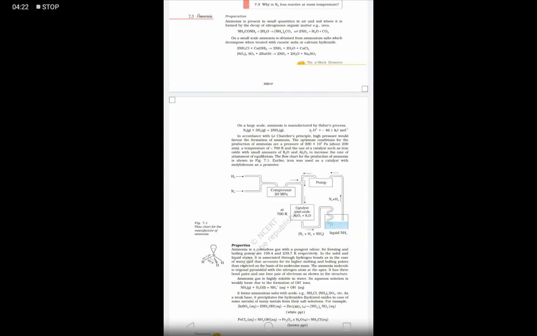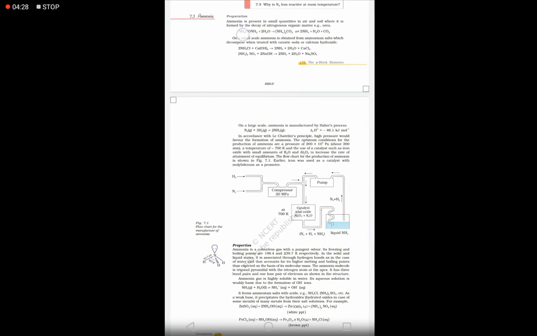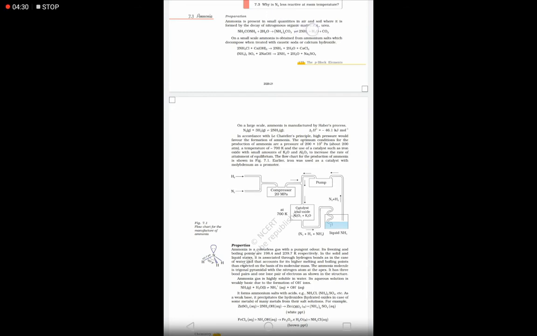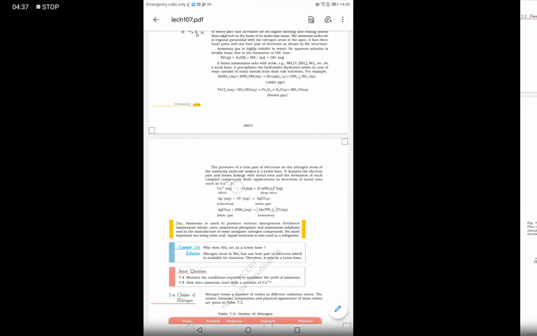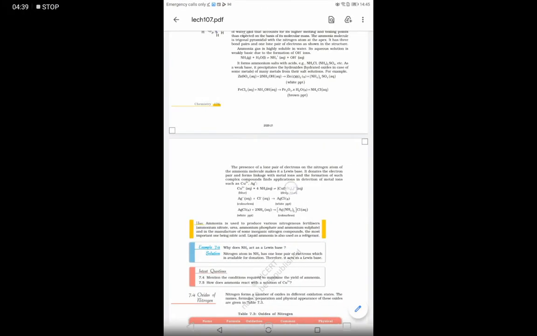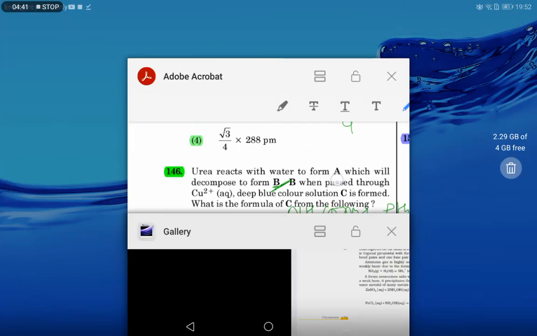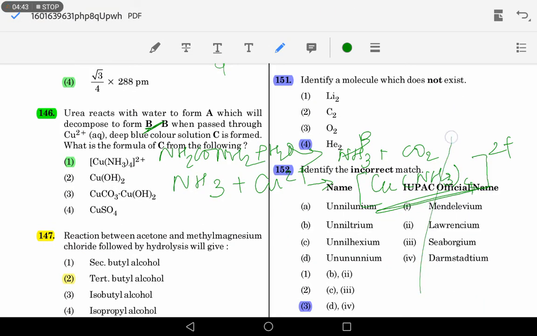So I will show you in NCERT Class 12. So this is the reaction of urea with water, which forms ammonia plus water plus carbon dioxide. And also when ammonia is passed through copper, it tends to form the deep blue color complex. So moving on to the next question.